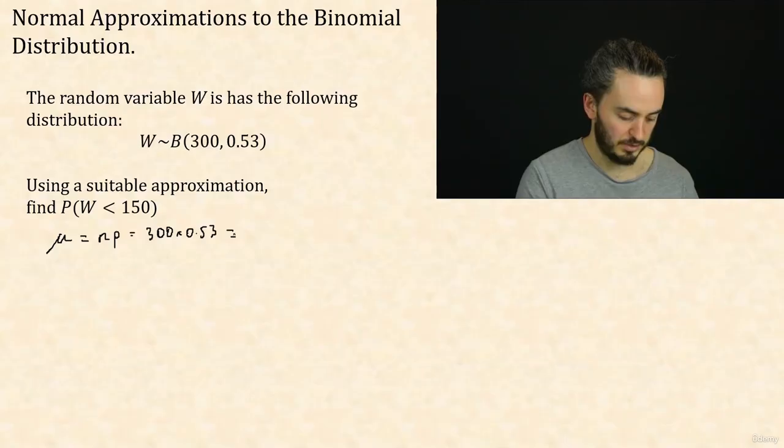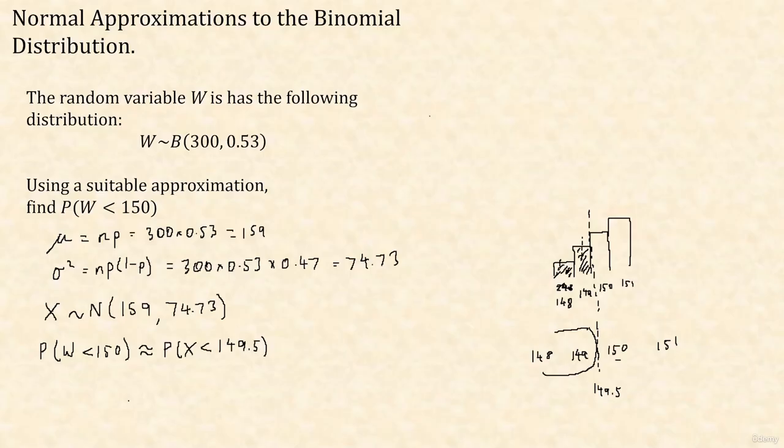So the probability that W is less than 150 is approximately the same, a very good approximation as well, as the probability that X is less than 149.5.